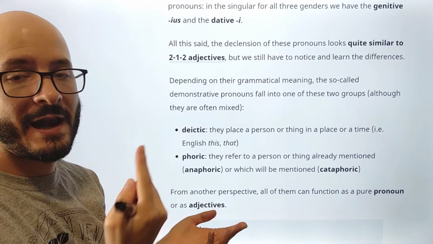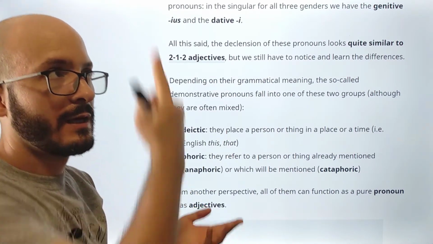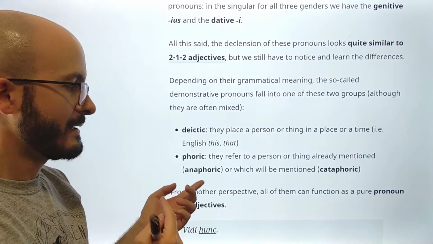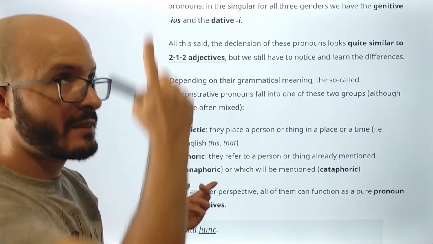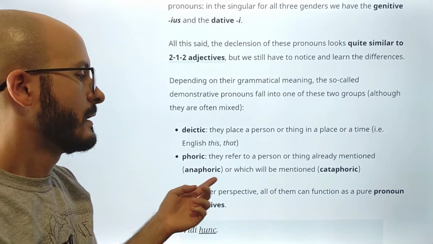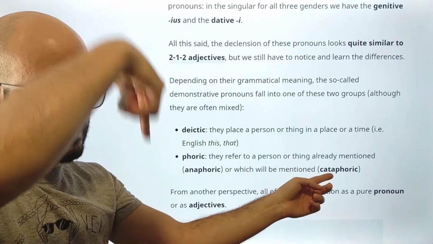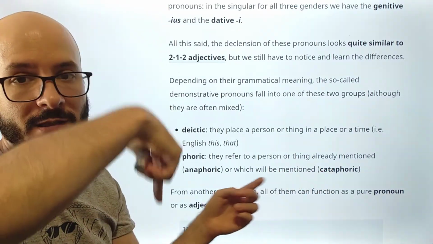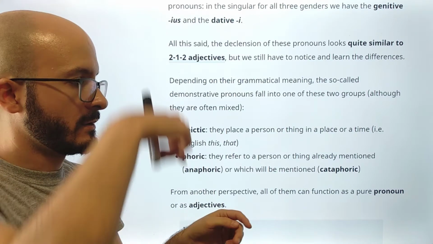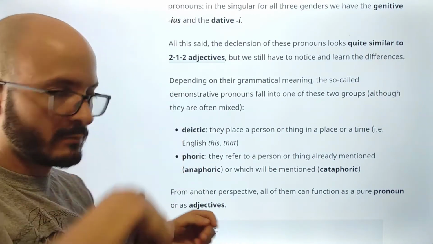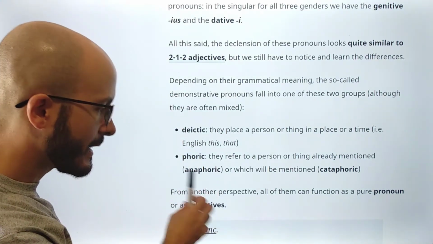Ana in Greek means upwards, so we refer to something which was already mentioned above, or which will be mentioned, cataphoric, because kata in Greek means downwards, something which will be mentioned below. Mostly anaphoric.